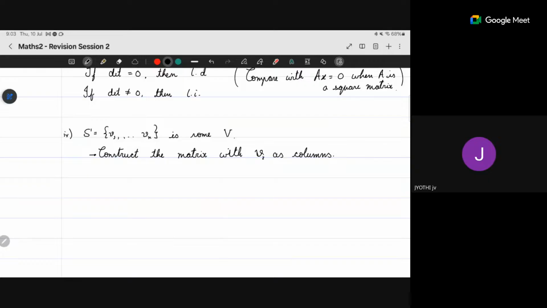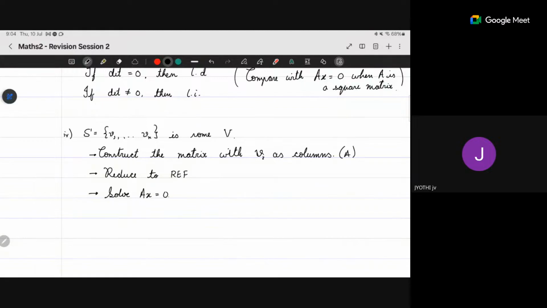Then reduce the matrix, using Gauss elimination. Let me call this matrix A. What you need to do is solve Ax equal to 0.